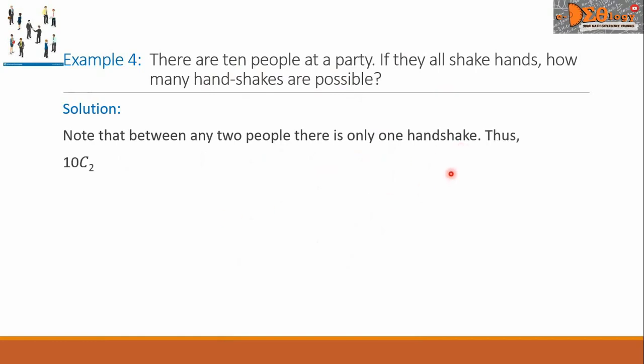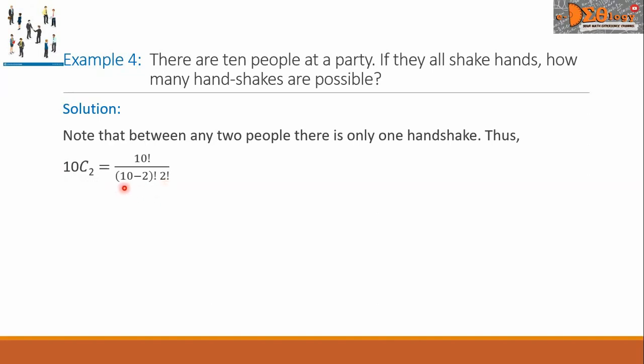It means to say, we're going to write combination of 10 people taken 2 at a time. Using our formula, we have now 10 factorial over the denominator (10 minus 2) factorial times 2 factorial.